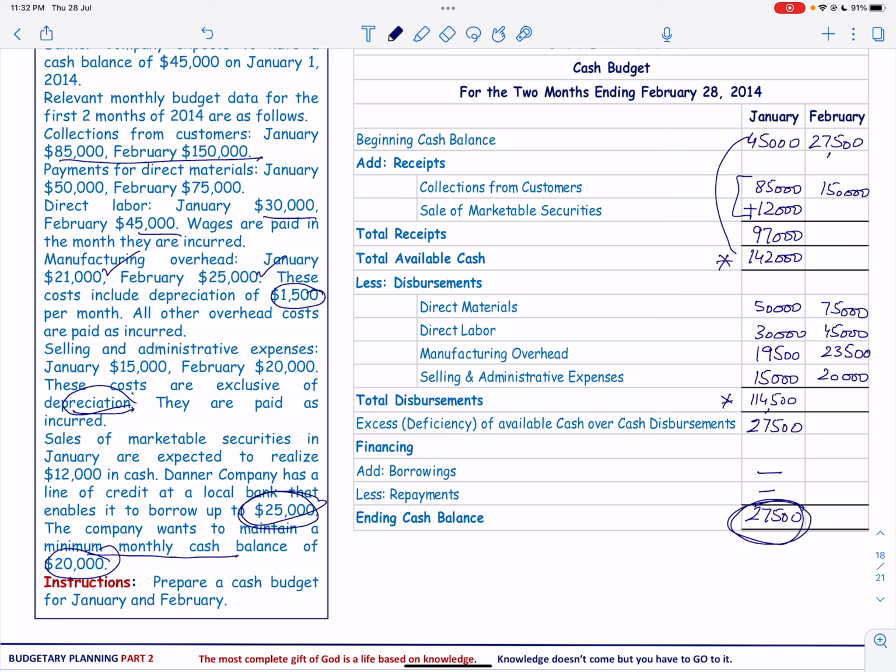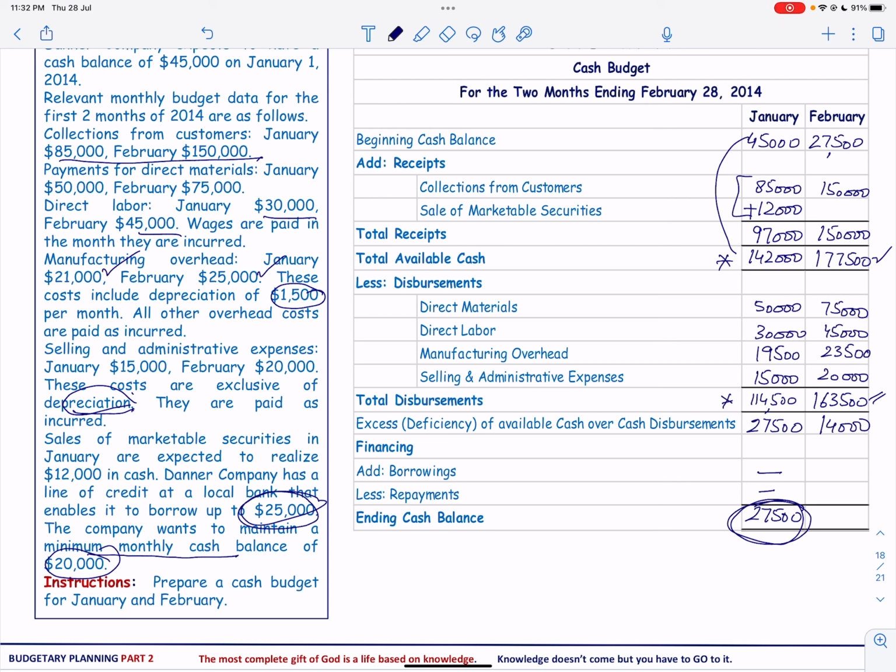This ending cash balance becomes the beginning cash balance for the month of February, and the total receipt for the month of February is 150,000 plus the beginning balance will make the total available cash 177,500. The total disbursements for the month of February will be 163,500, and we have excess cash of 14,000, that is total available cash minus total disbursements.